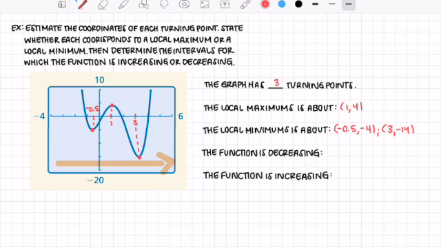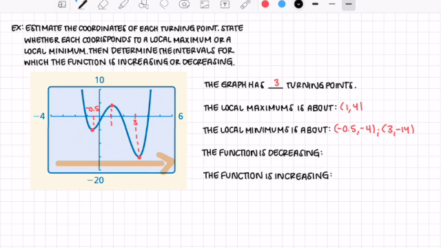Okay. So from here, the function is decreasing. The only time I see our image decreasing is starting from the very far left, from negative infinity, all the way to negative 0.5, and also from 1 all the way to 3.